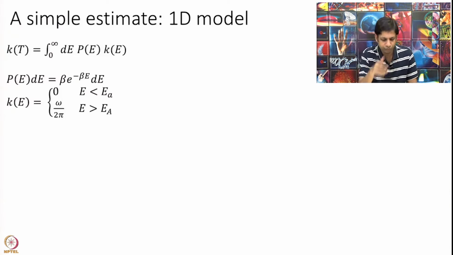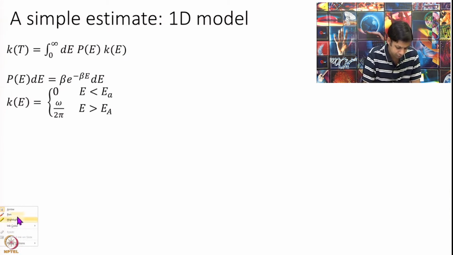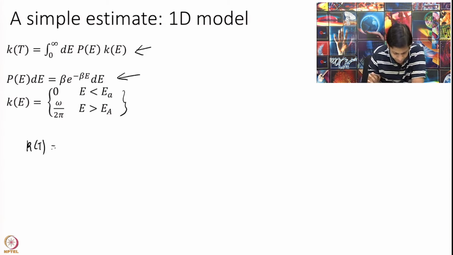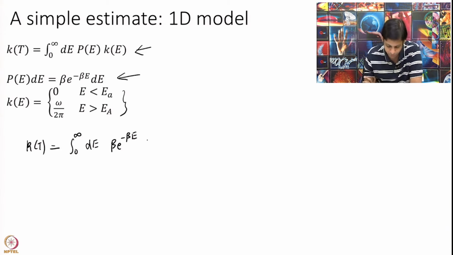Okay. So, k of T, we argued, is given by this integral here. We argued P of E to be the thermal equilibrium P of E, and k of E to be this, again a simple-minded model. So, I just substitute things here: dE, P of E is beta times e to the power of minus beta E, times k of E. k of E will be 0 below Ea, so I will split this integral into two parts.